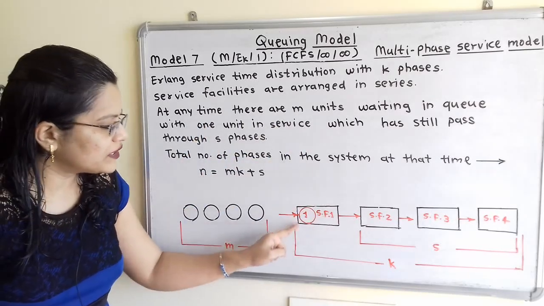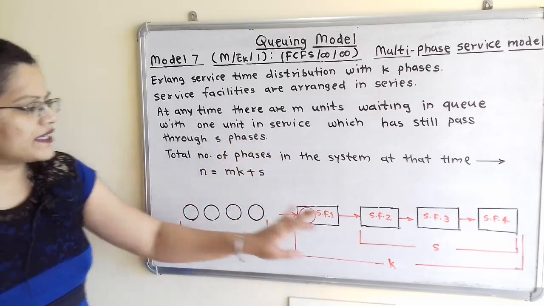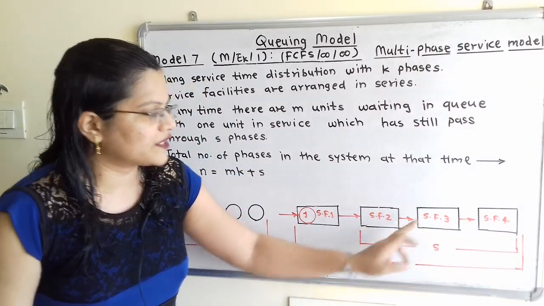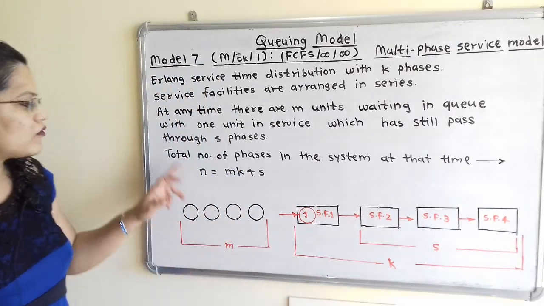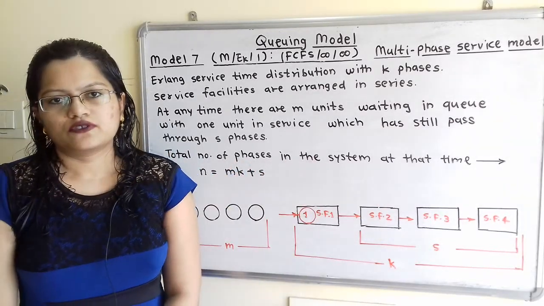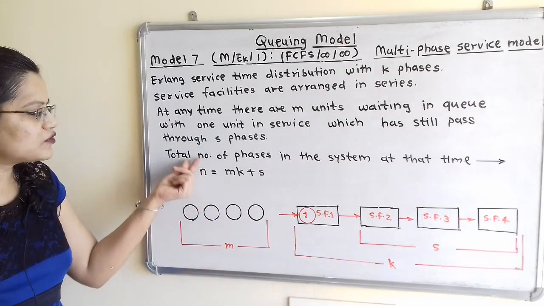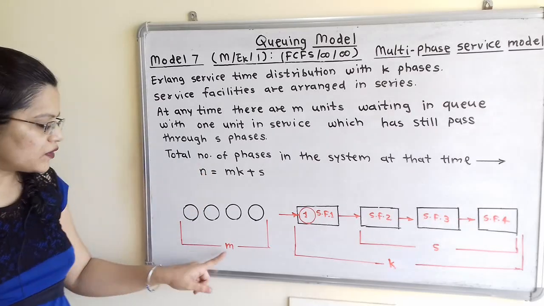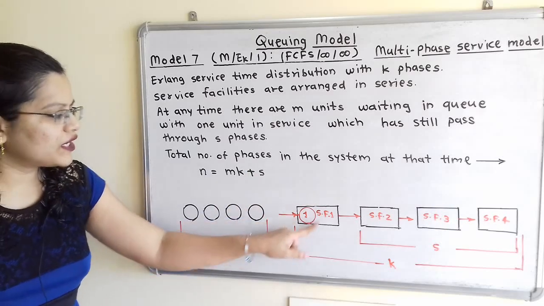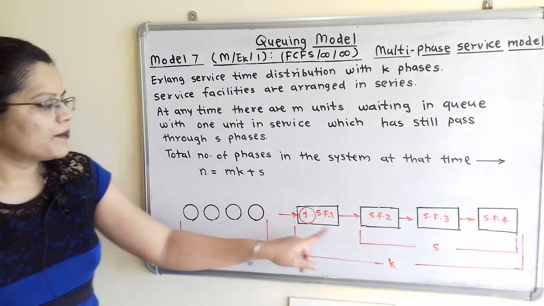Here 1 unit is taking service at SF1 and it has to pass through S remaining phases, so S is equal to 3. How to calculate the total number of phases in the system at that time? We consider the total number of phases N. N is equal to M multiplied by K plus S, because only 1 unit has to pass through S phases, so we add S.